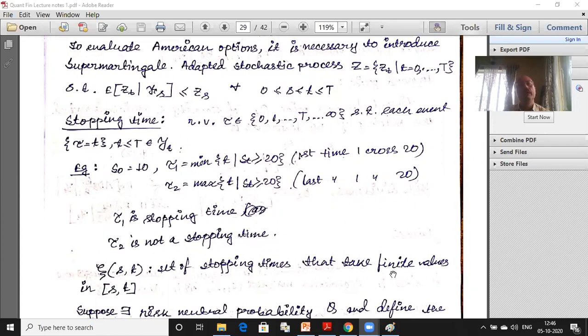At each of the earlier time points before expiry, I need to decide whether I should exercise the option right now or wait till the next period. So all these possible exercise choices are stopping times where I can use my option. That is why I define a stopping time, and in the calculation steps, we will be using that.